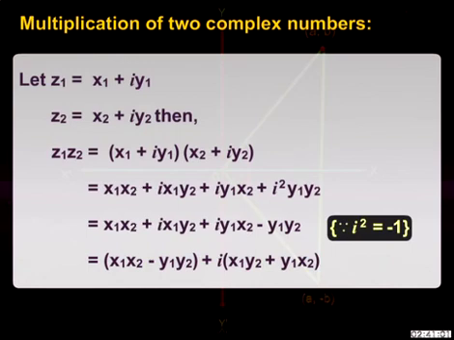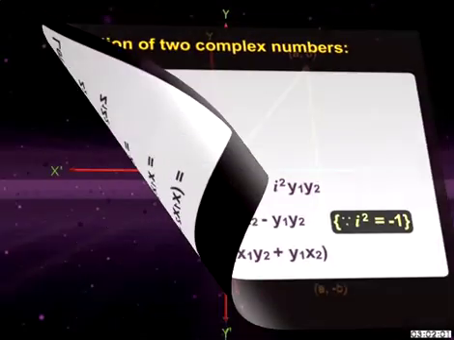So, for the given complex numbers z1 and z2, z1 into z2 is equal to complex number with real part as x1 into x2 minus y1 into y2 and imaginary part as x1 into y2 plus x2 into y1.